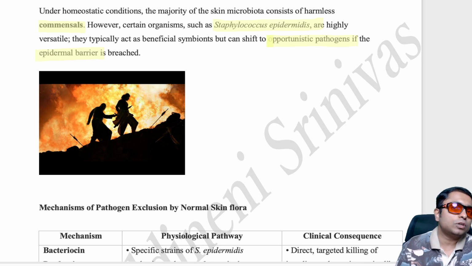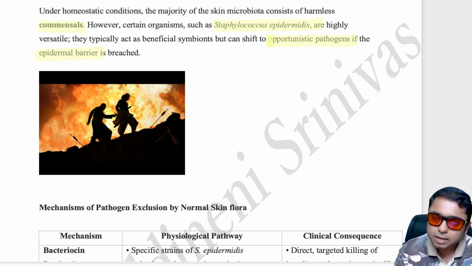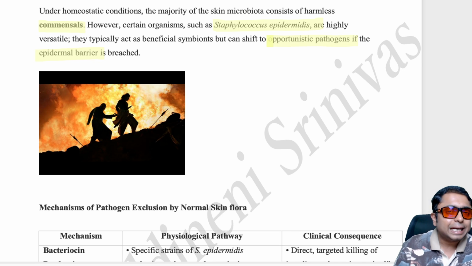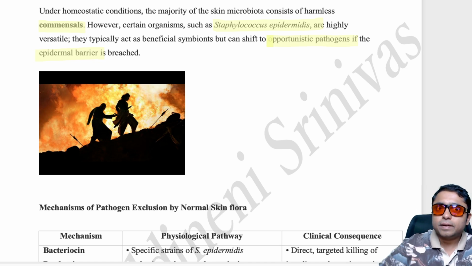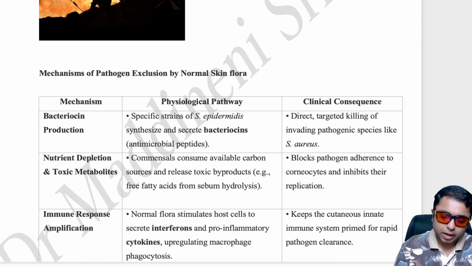But unfortunately, because of the change in the situation, he ultimately killed Bahubali. Likewise here also, the organism Staphylococcus epidermidis, for example, is actually a symbiont, which sometimes, because of a breach in the epidermal barrier, causes infections in the host, right?